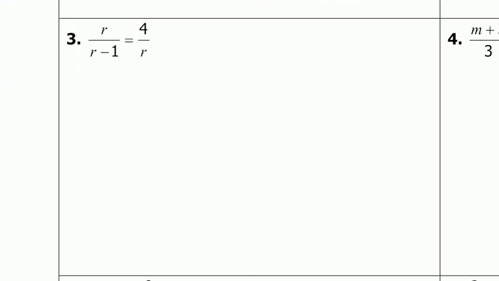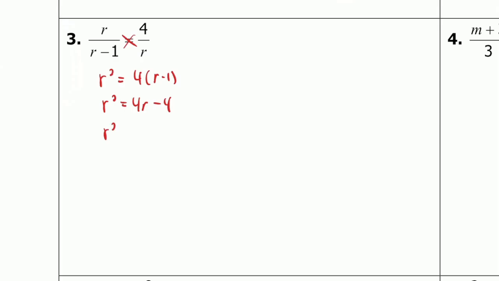Number three, another cross multiplying example. So this one's a little bit different because again, we're going to factor this one. So I will get r squared is going to equal 4 times r minus 1. So r squared is going to equal 4r minus 4. Now I'm going to set this equal to 0 so I can go ahead and factor this.